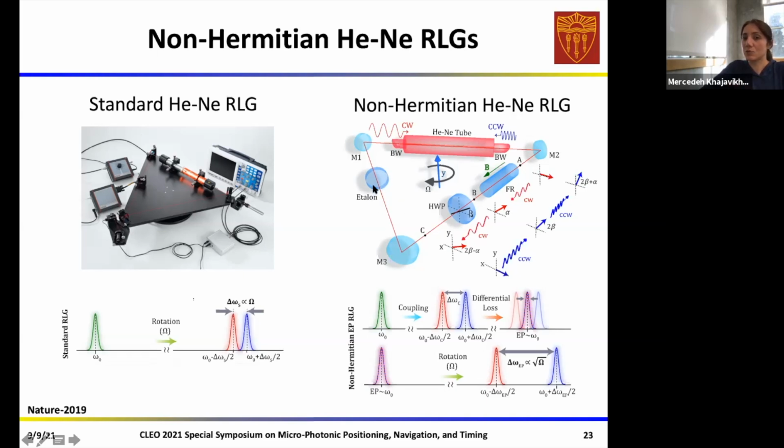And because of this, these two modes also become coupled to each other. If none of that existed, we expected one resonance in this system, with the clockwise and counterclockwise resonances coinciding on top of each other. Now, because of this differential loss, we get separation between them.